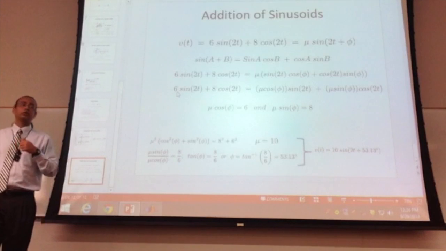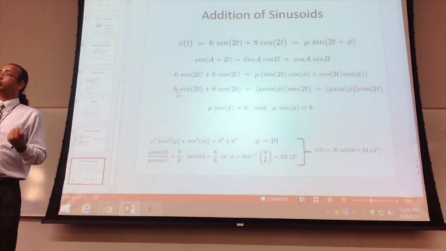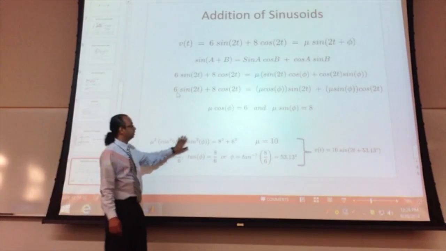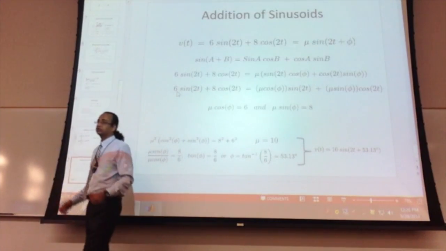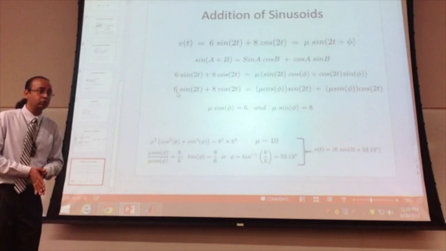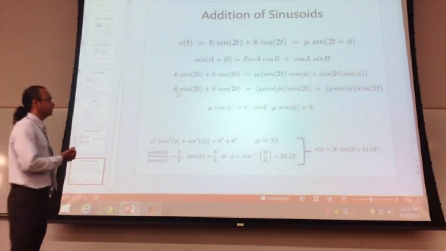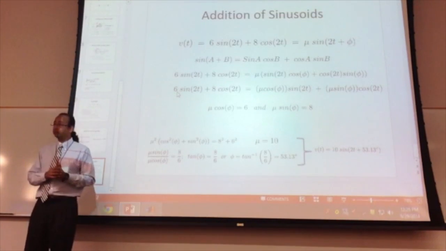Here's another identity. Cosine squared theta plus sine squared theta is 1. So this simply becomes mu squared because this whole thing goes to 1. And on the right-hand side, I have 8 squared plus 6 squared. 64 plus 36 is 100. Mu squared is 100. Mu is the square root of 100, that is 10. So you have the magnitude of the combined wave.